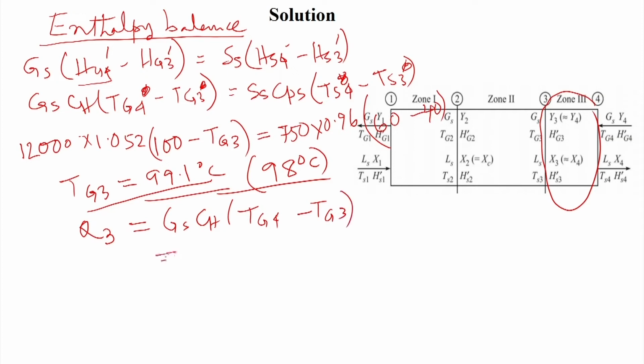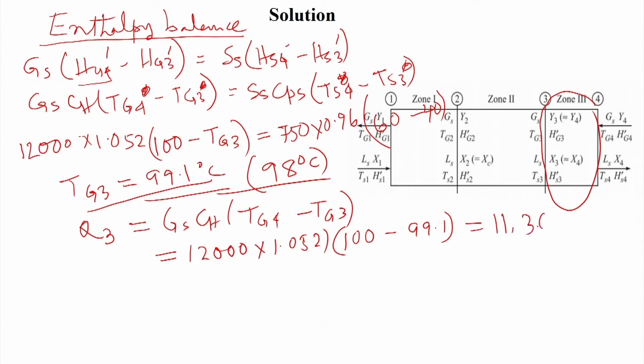So, that comes out as 12,000 into 1.052 into Tg4 is equal to 100 minus Tg3 99.1. So, that is coming out as 11,361.6 kilojoule per hour.